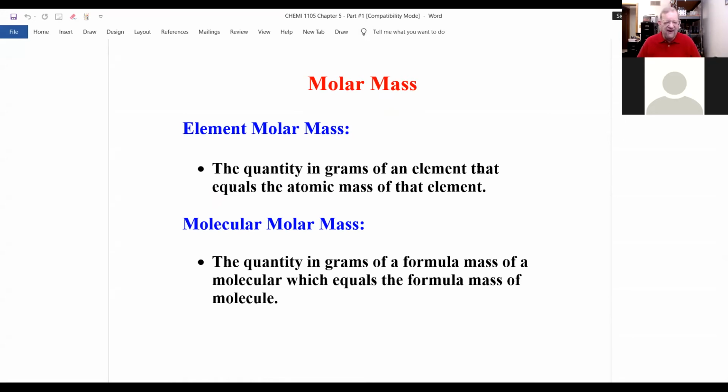That's the quantity in grams of an element that equals the atomic weight for the element. So 1 mole of an element equals its, and I'm going to abbreviate, atomic weight in grams.